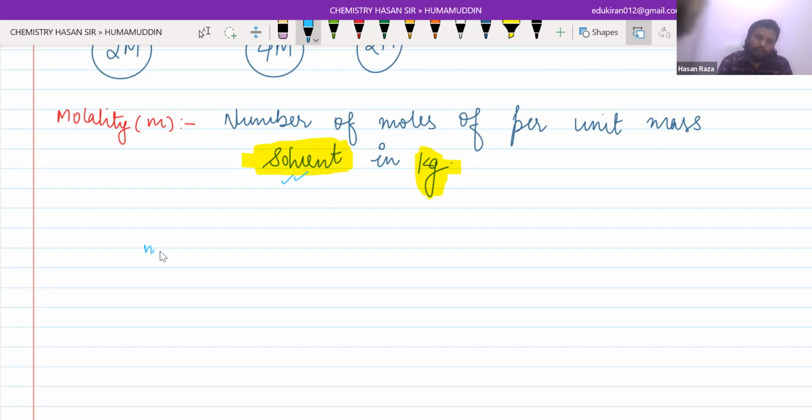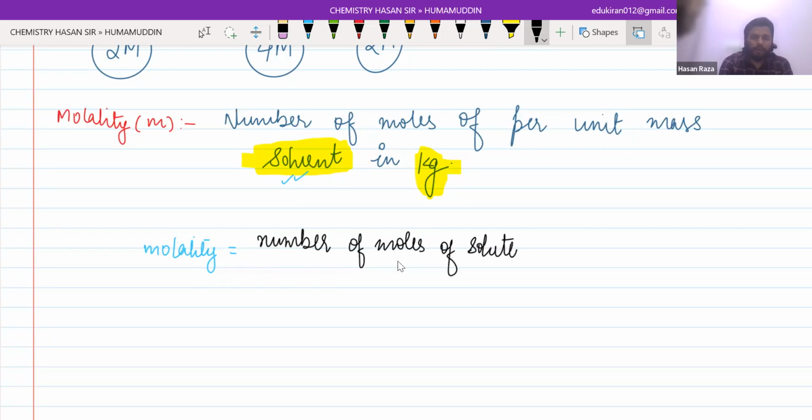So we can also write a formula for this. Molality will be equal to number of moles of solute upon mass of solvent in kg.